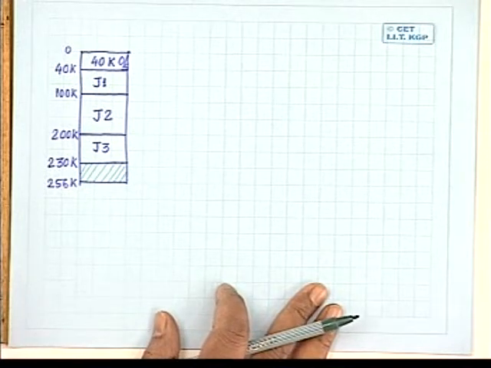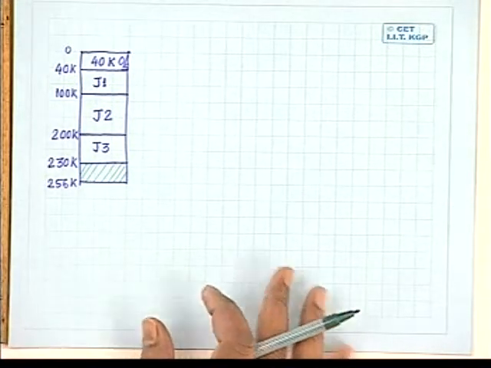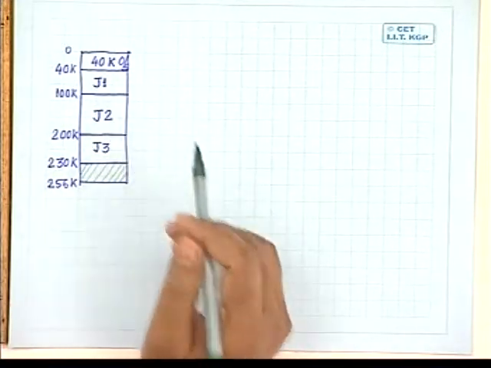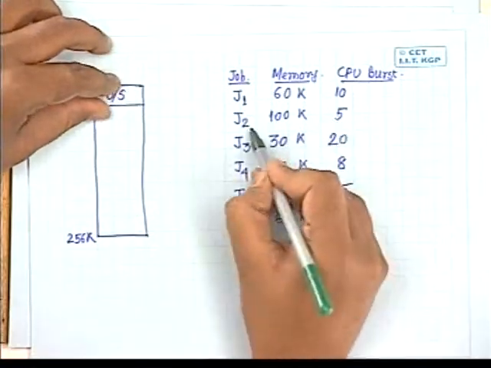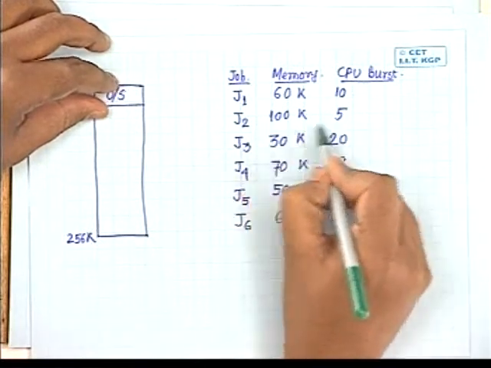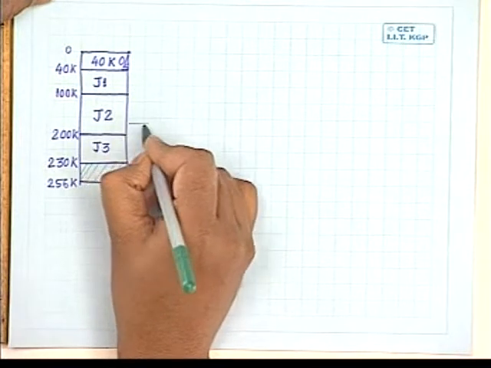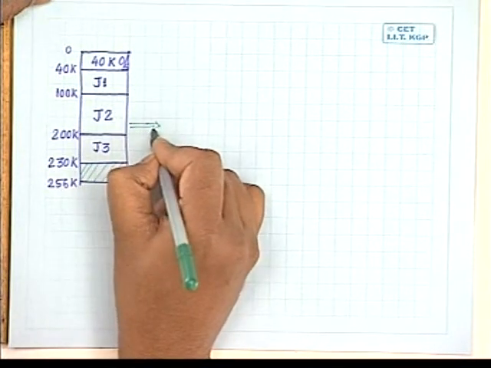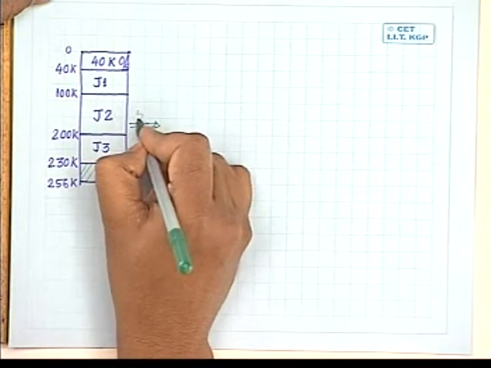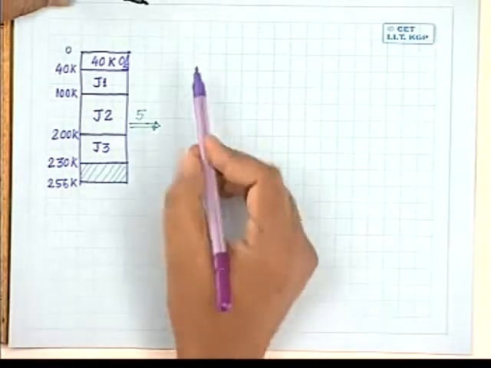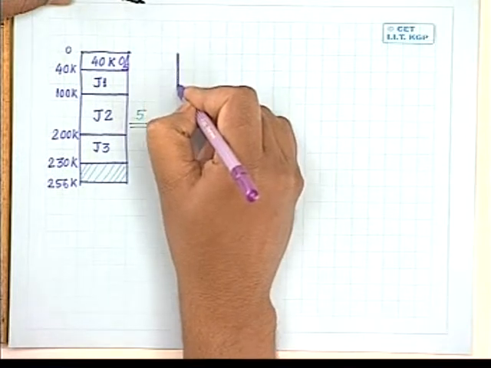Now, let us see what happens after 5 time units. Because this situation of the memory will be existing for 5 time units because job J2 after 5 time units will complete execution. So after 5 time units, job J2 will complete its execution, one CPU burst, and the situation will be like this.